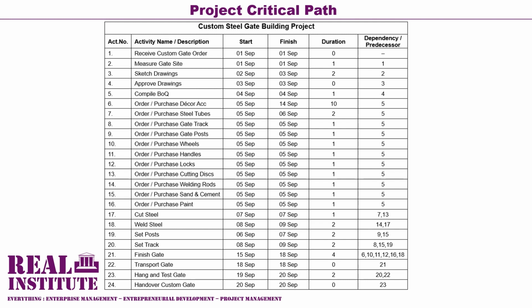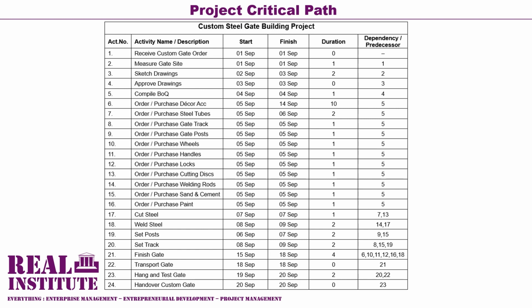Let us consider a project that is undertaken to build a custom steel gate. Our example of the custom steel gate building project has 24 activities. And through, say, expert judgment, we have allocated durations to all the 24 activities.